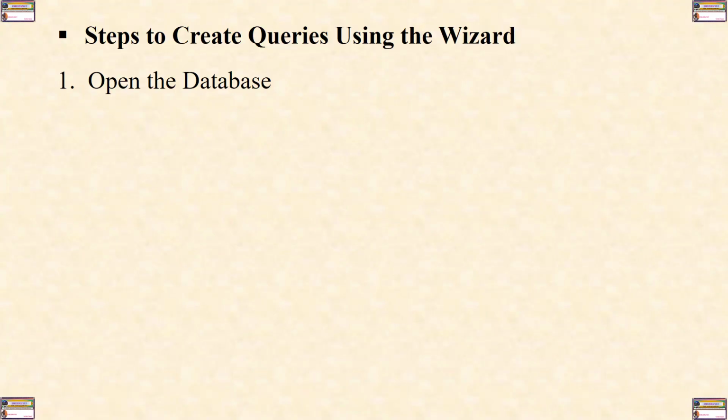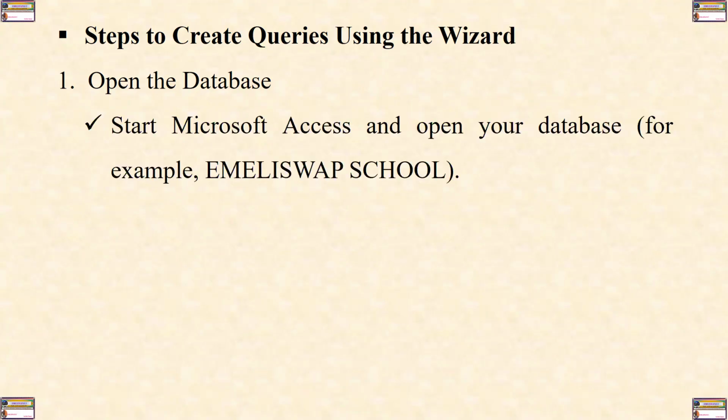Number one, you open the database. Once you have opened the database, you can proceed and create your query using Wizard, but note always that queries are associated to the specific database.